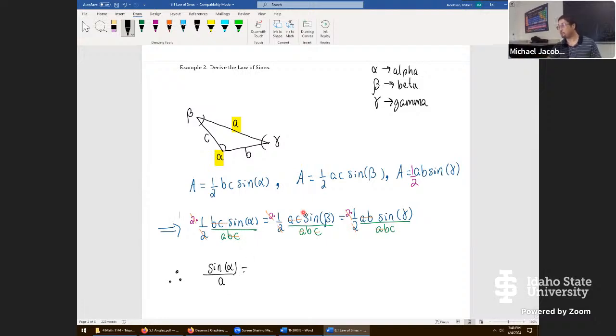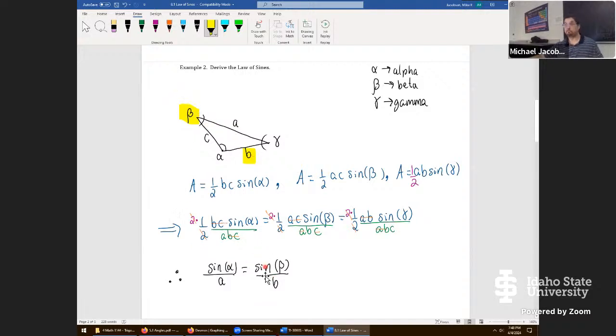Over here, this is going to be set equal to sine beta divided by B. And looking at the triangle, that's just taking sine of this angle divided by the opposite side. So the actual symbols you use, whether they're Greek, whether they're something else, Mandarin, it's totally irrelevant. It's about this pattern you see right here.